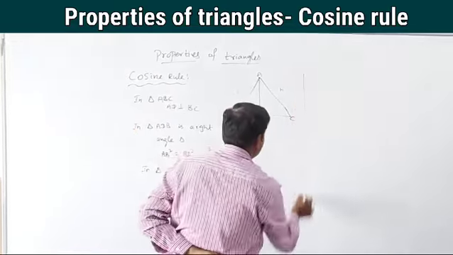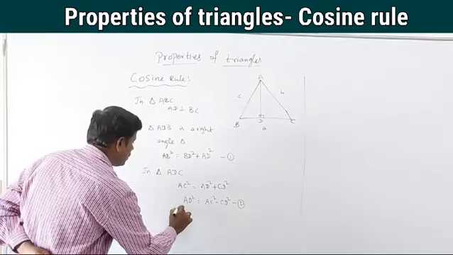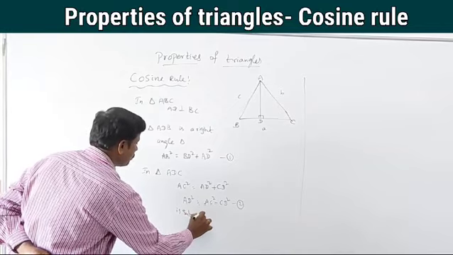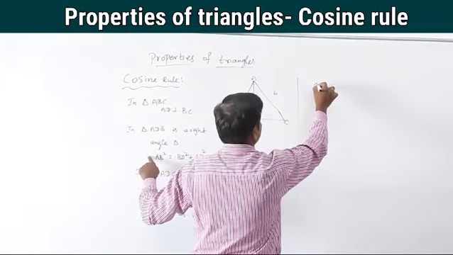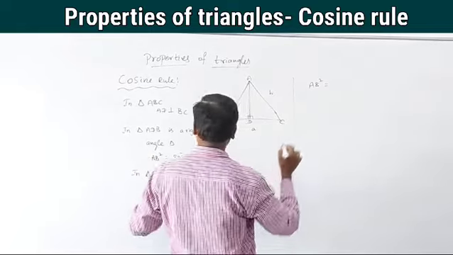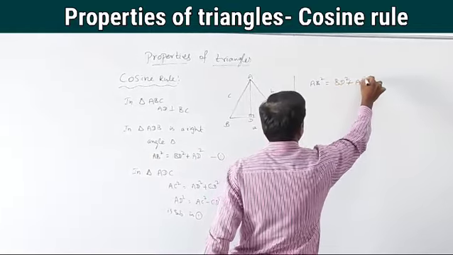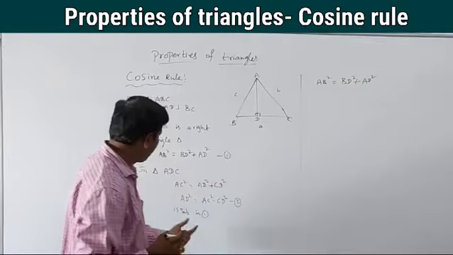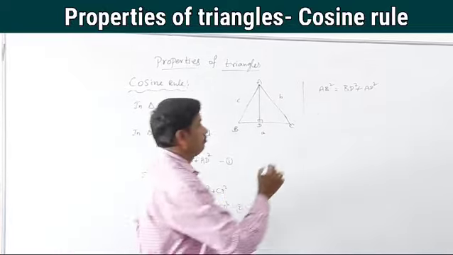Now substitute equation 2 in equation 1. What is equation 1? AB square equal to BD square plus AD square. Instead of AD square we can write AC square minus CD square.